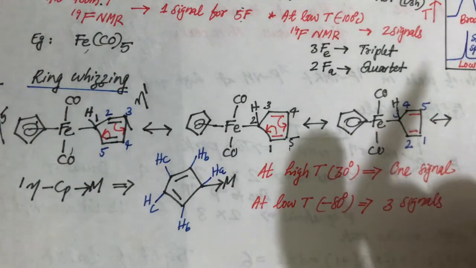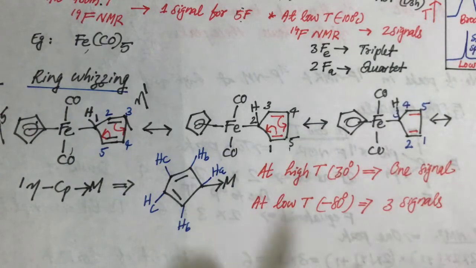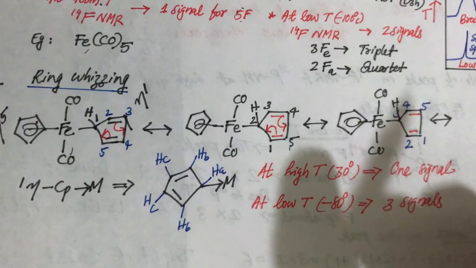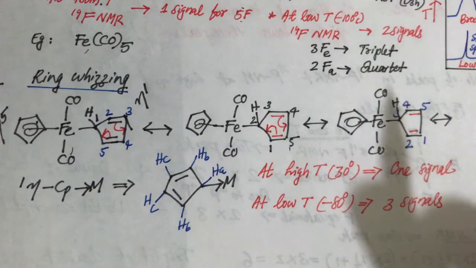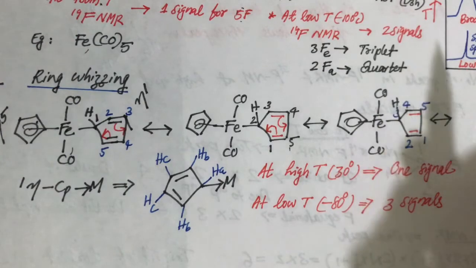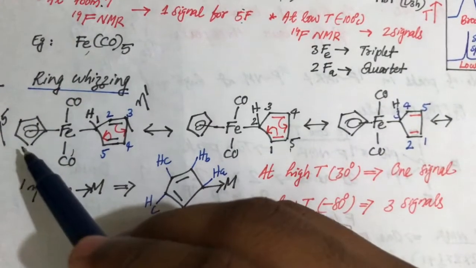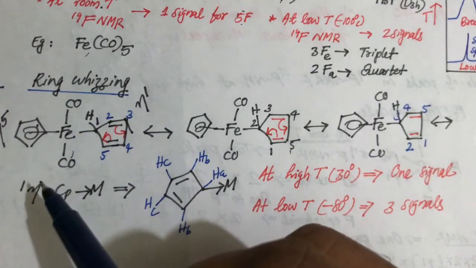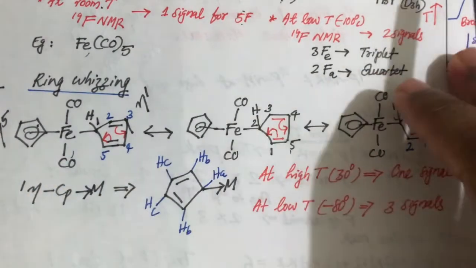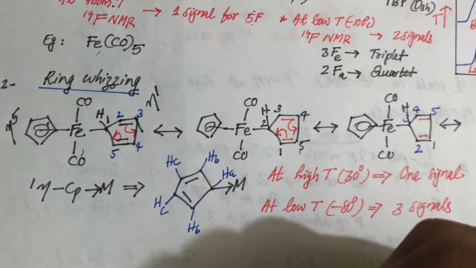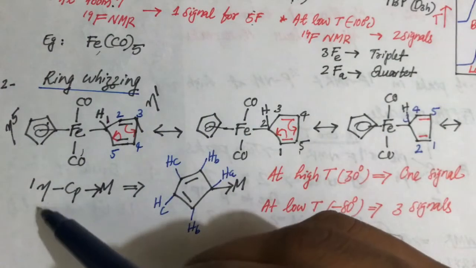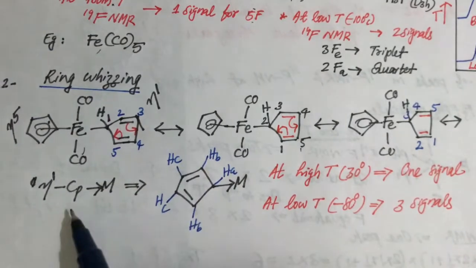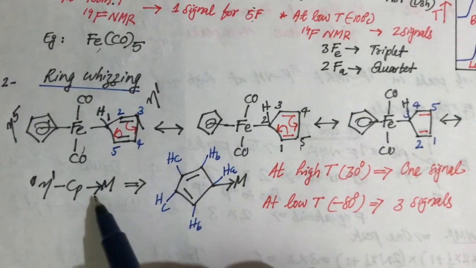Now the interesting thing is that this fluxional behavior shows at high temperature. At a low temperature there is no fluxional behavior. Here you have two ligands, a hapticity 5 ligand and an eta 1 ligand. The main focus is on this eta 1 cyclopentadienyl that is directly bonded to the metal.